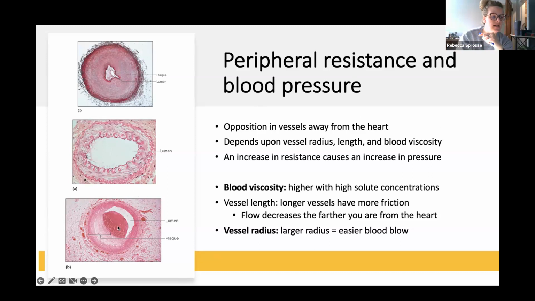This one even has a thrombus in it, which is a blood clot. So you can imagine that if you pour the same amount of blood in this artery and this artery, which one is the blood going to flow faster and easier through? Obviously this one, right? The one with the greater diameter. Less peripheral resistance, nothing that's occluding this lumen.